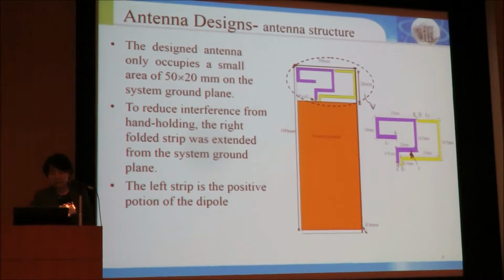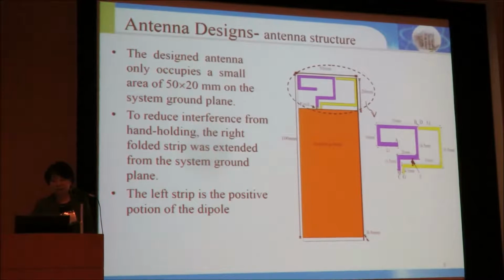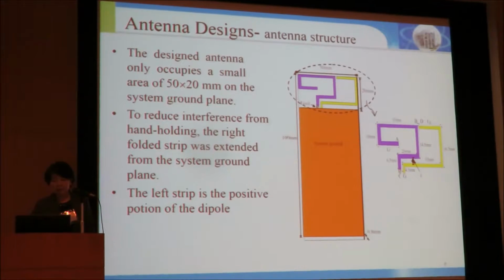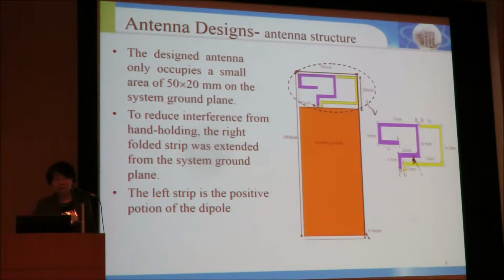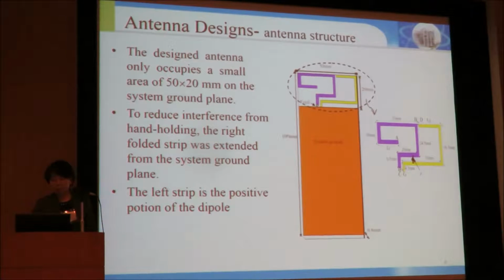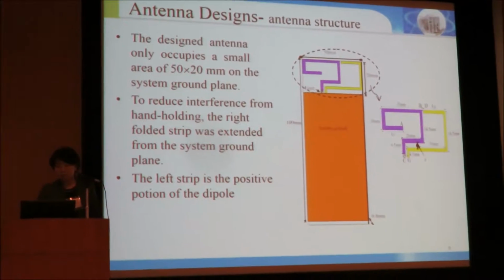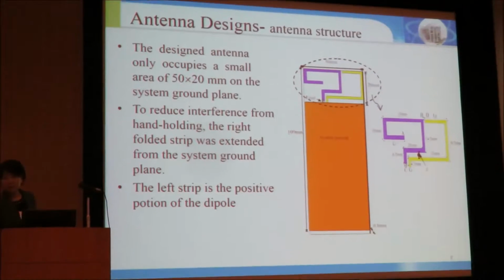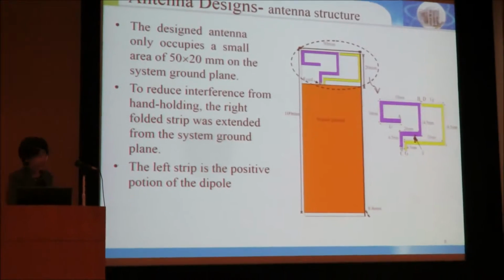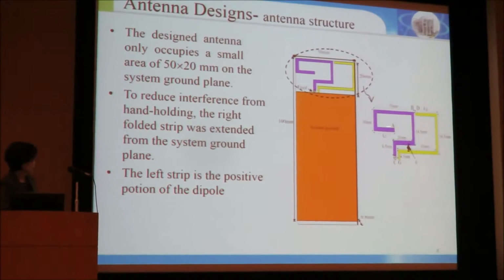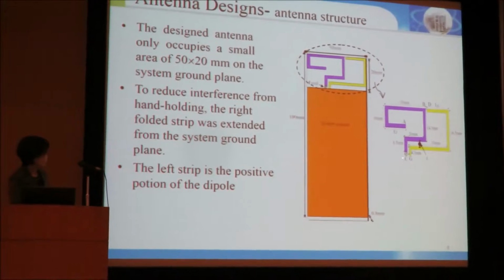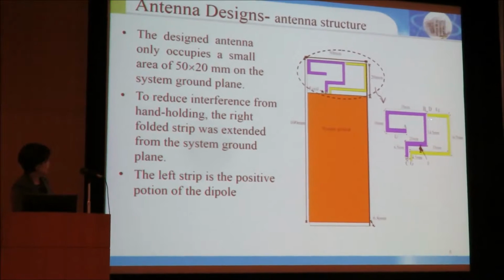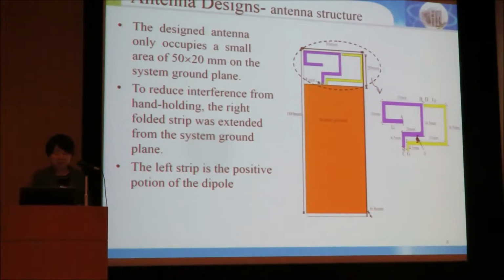The right folded strip is extended from the system ground plane, and the left strip is the positive portion of the dipole. As stated, the whole current path is from A to C, to G, to D.